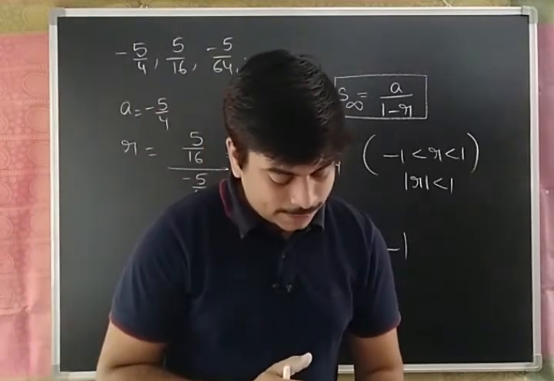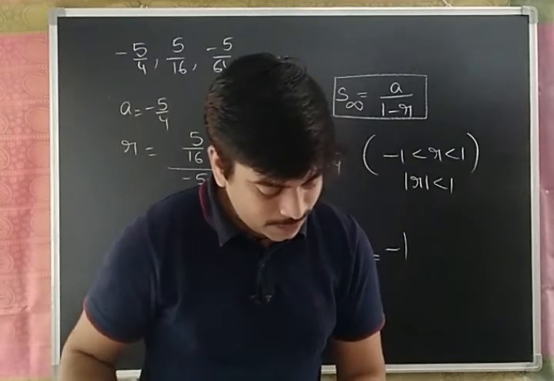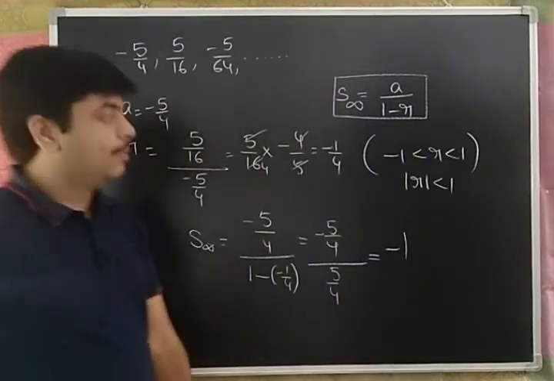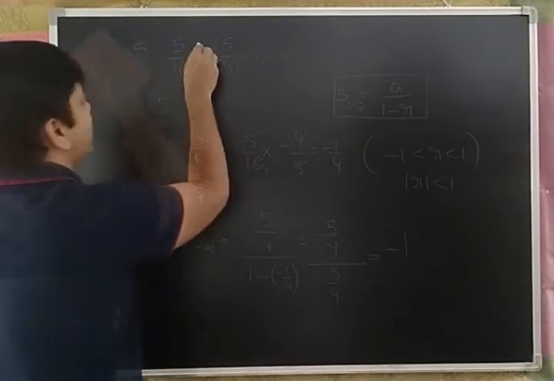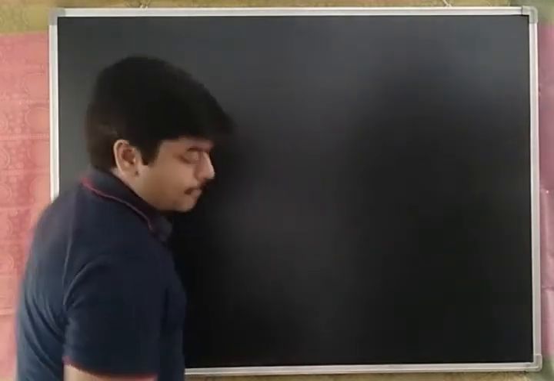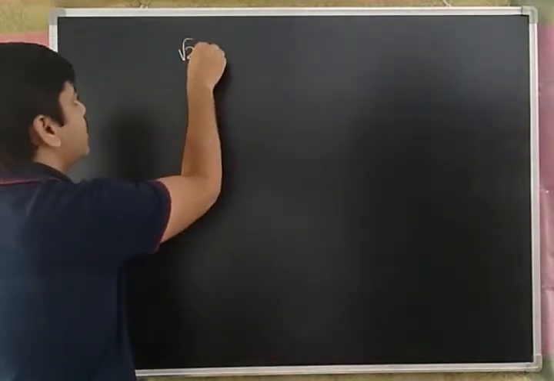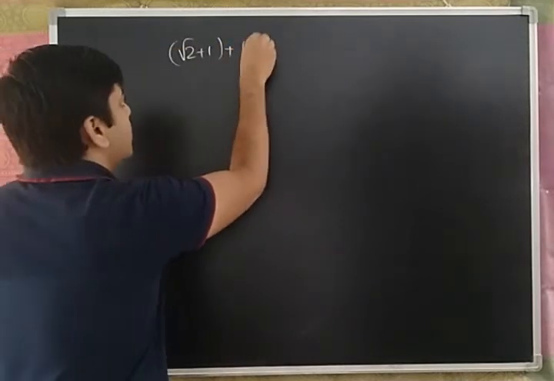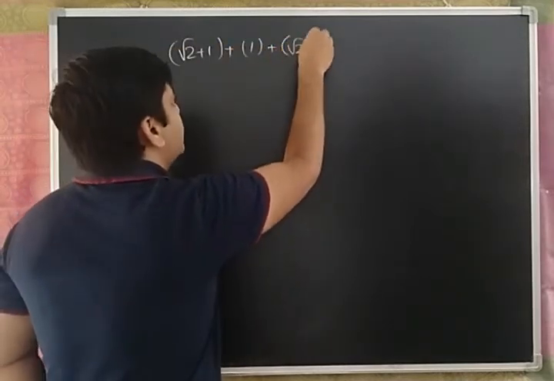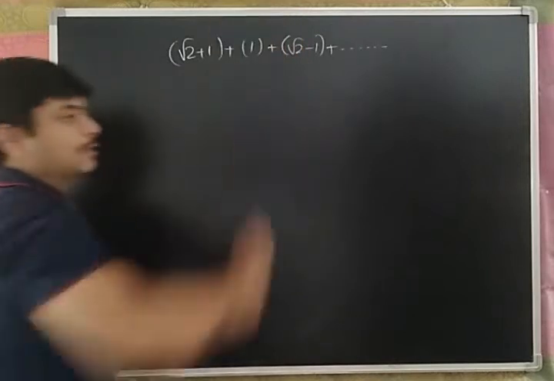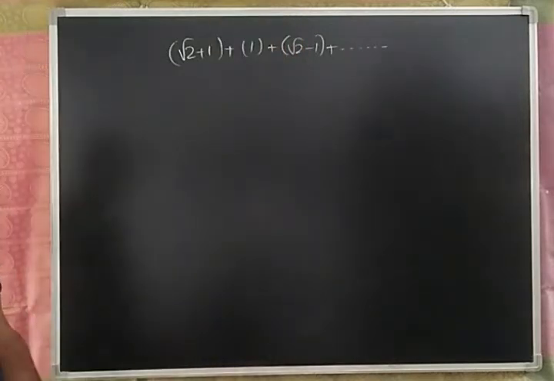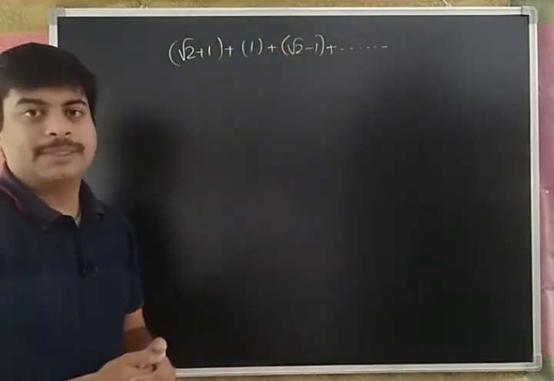Find the sum to infinite terms of the series root 2 plus 1, plus 1, plus root 2 minus 1, and so on till infinite terms. First tell me, is this in GP?